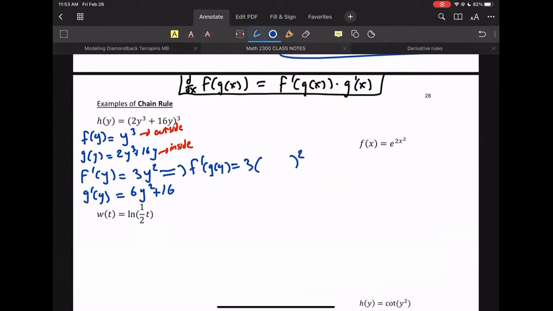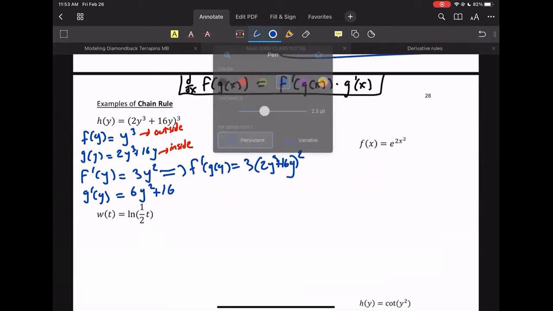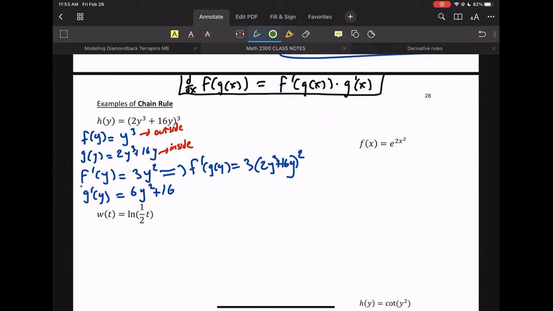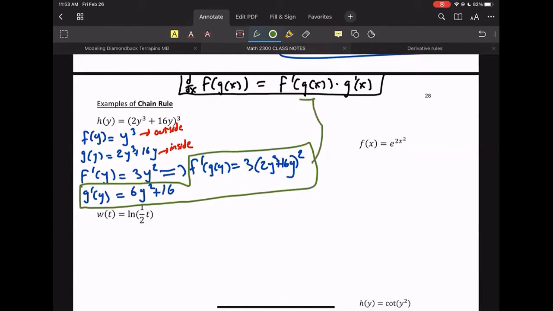And then the g is going inside there, right? And so these are the two things we want to use. Those are the two pieces of the formula.